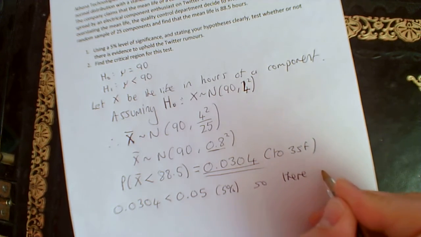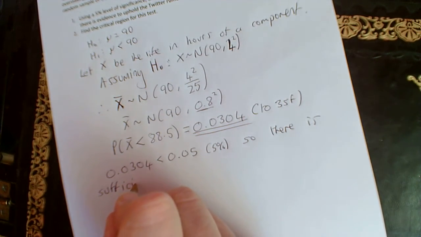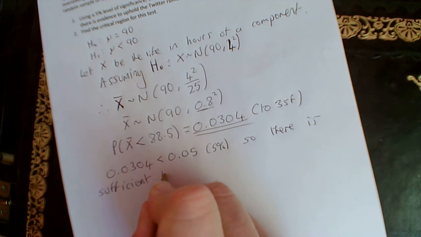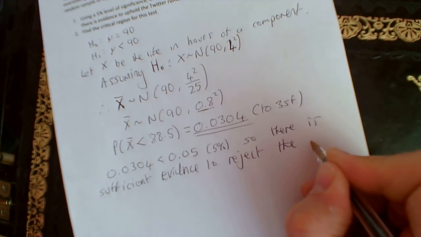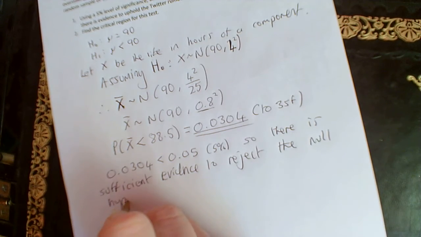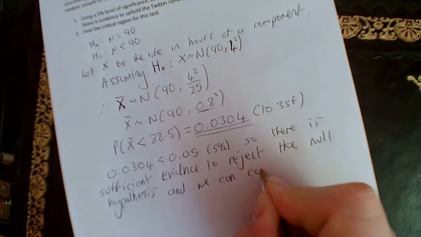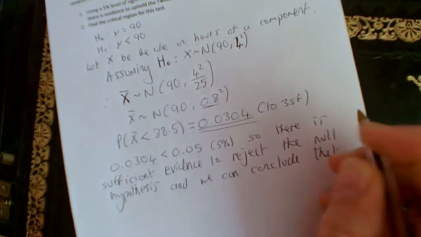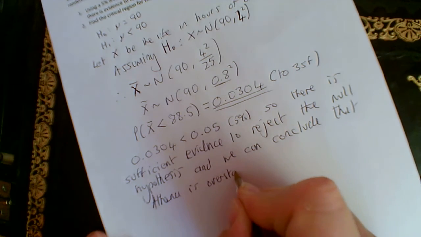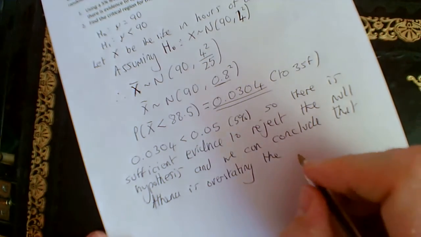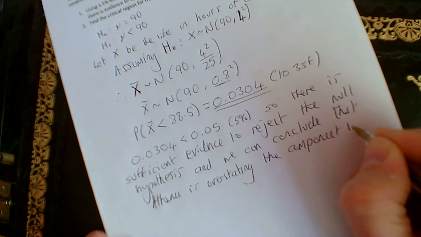So there is sufficient evidence to reject the null hypothesis, and we can conclude that Athena is overstating the component life mean.